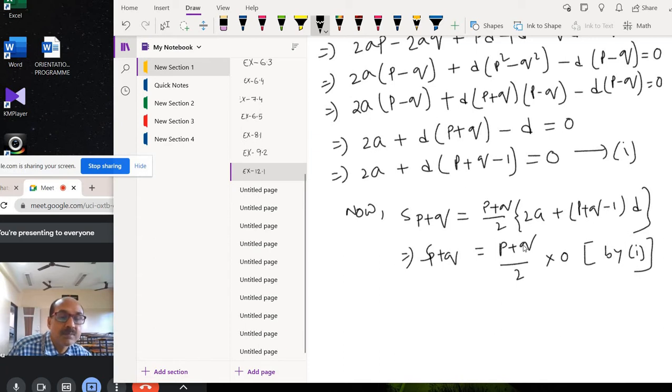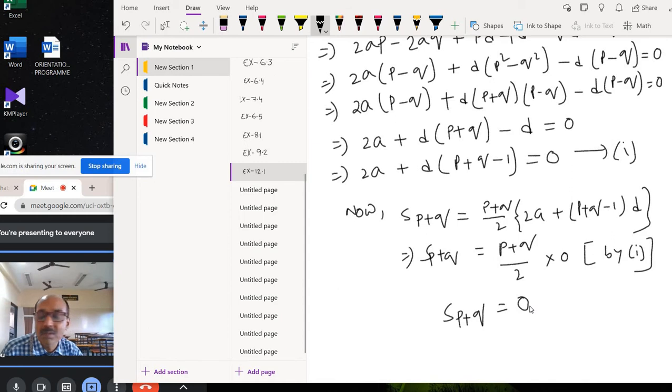So sum of p plus q terms, S of p plus q, equal to 0. Okay. This is the answer.